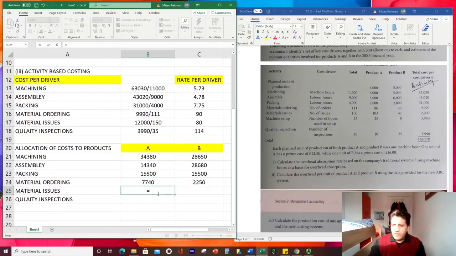And then we have material issues, 25 for A, so 25 times cost per issue, and 8, no, I think this is incorrect.